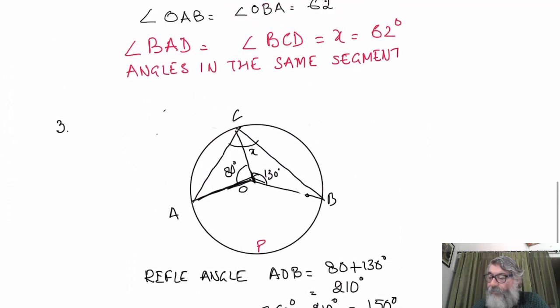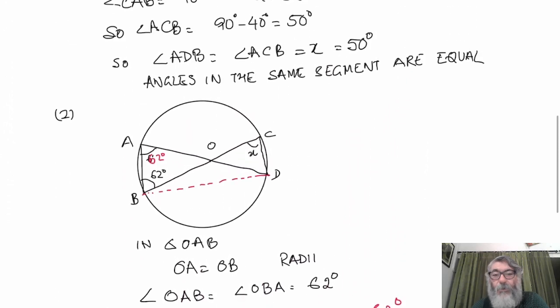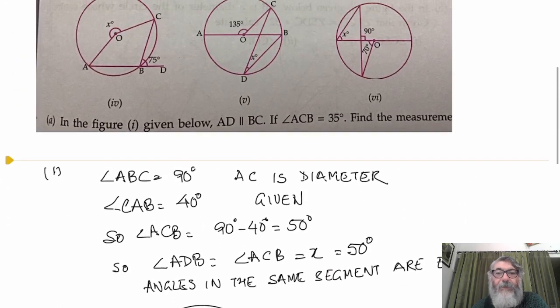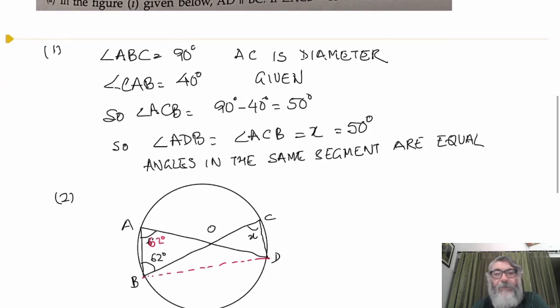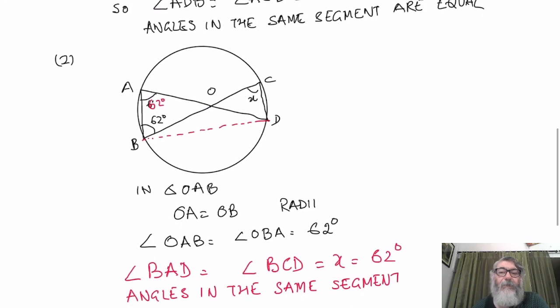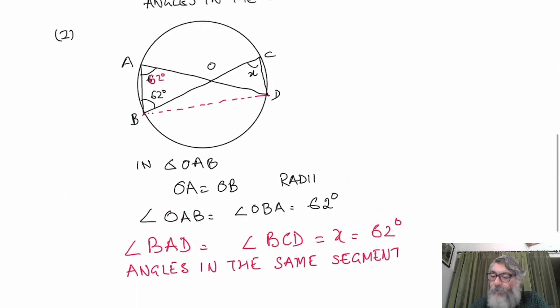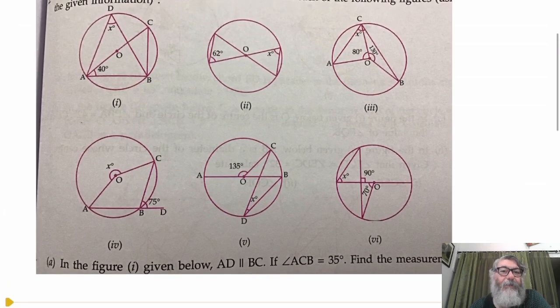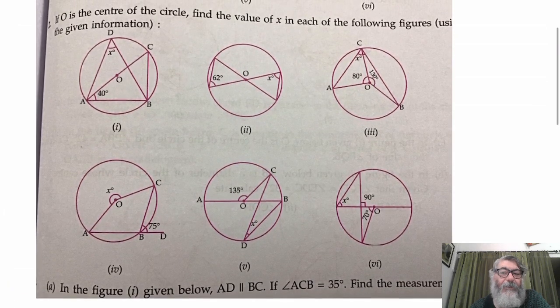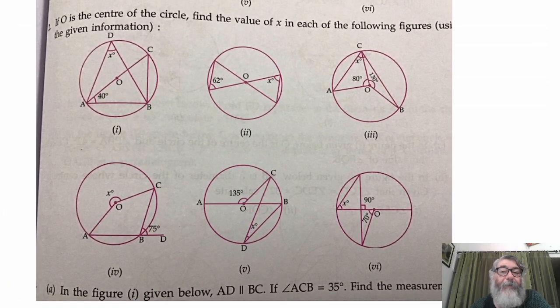So we have done 3 questions. In all these 3 questions, please see how we have used the center. In the first case, the center application was towards the angle in the semicircle is right angle. In the second question, I used the property of the center that radii.